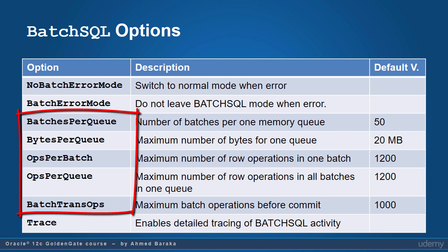You can control the number of batches in one memory queue, maximum number of bytes per one queue, maximum number of operations in one batch, maximum number of row operations in all batches in one queue, and maximum batch operations before commit. As a benchmark for setting the values of those options, assume that a batch of 1000 SQL statements at 500 bytes each would require 10 megabytes of memory.